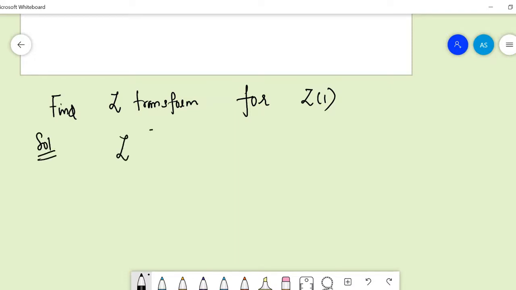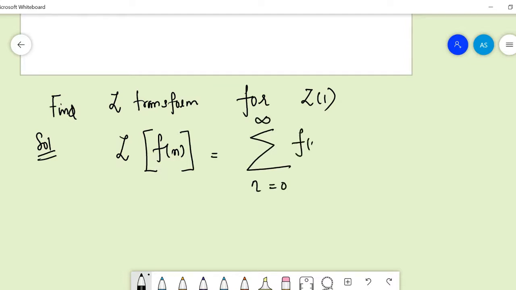So the general formula for finding the Z-transform for the function is Z of f of n equals summation n ranges from 0 to infinity f of n into 1 by z power n.